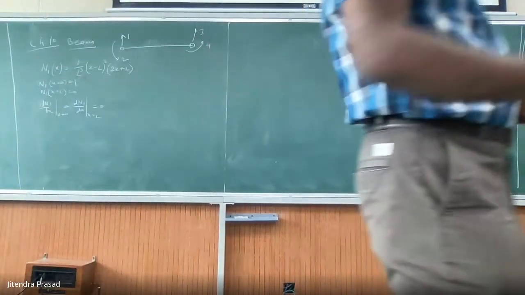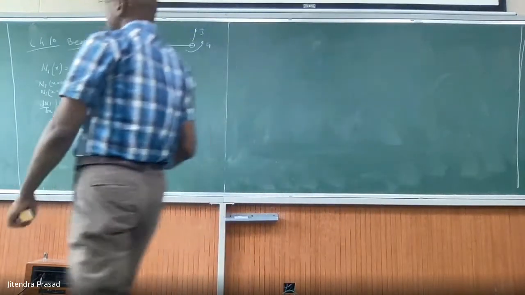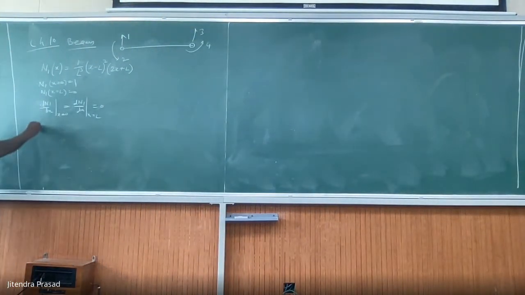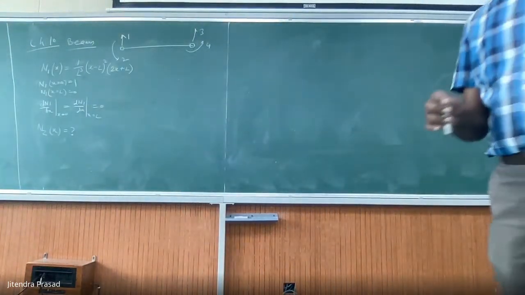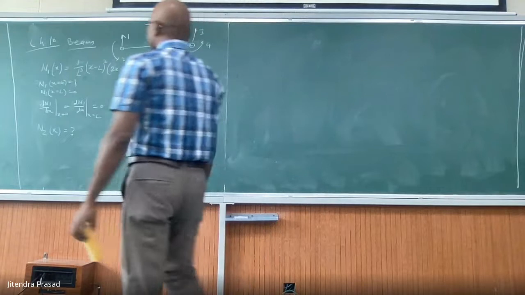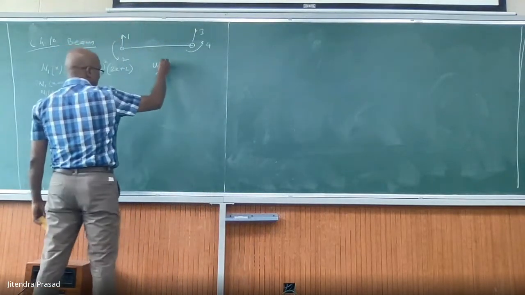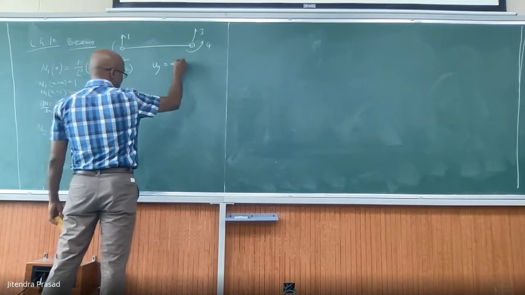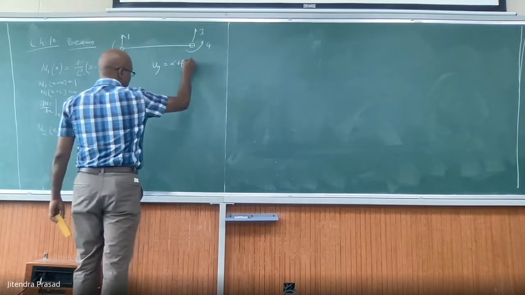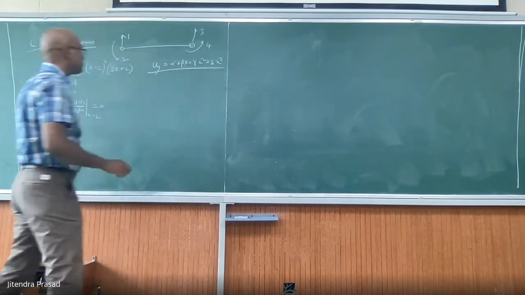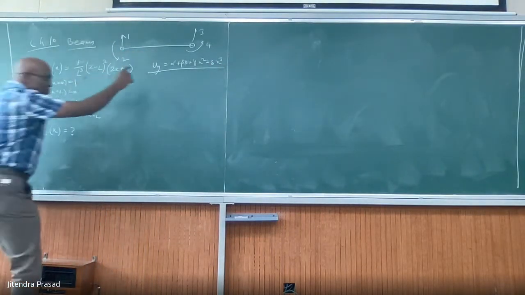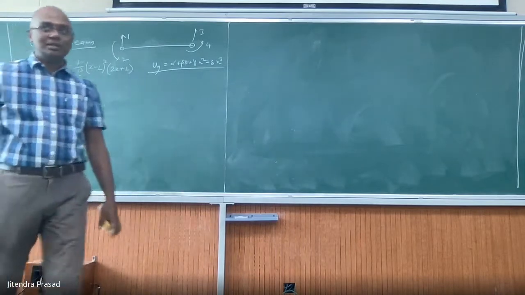Similarly, we can find out what is the expression for N2, right? Now we have to find out what is the property of N2. N2 is a cubic, as we know already. uy is a cubic function, alpha plus beta x plus gamma x square plus delta x cube, and uy is a function of N1, N2, N3, N4.